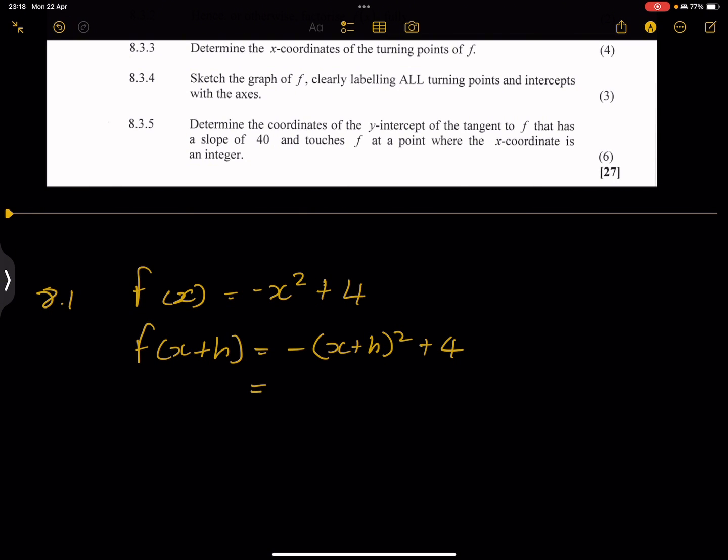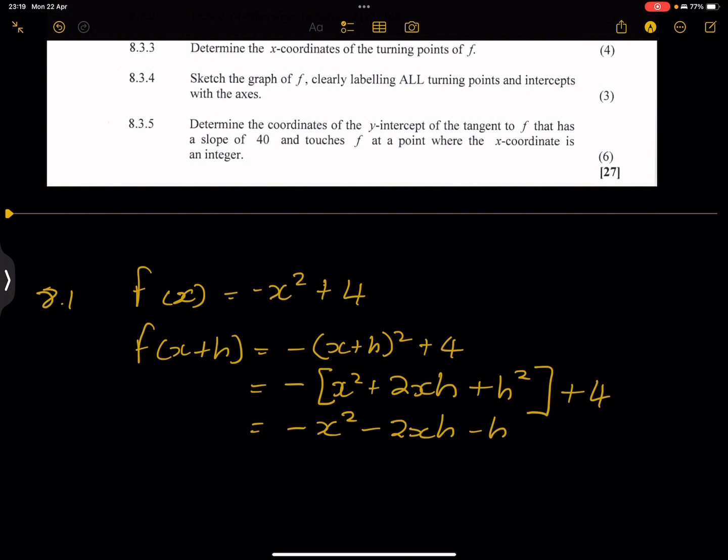So we can actually just try to simplify this. That's x squared plus 2xh plus h squared, plus 4, and let us multiply that by the negative. So minus x squared minus 2xh minus h squared, plus 4.